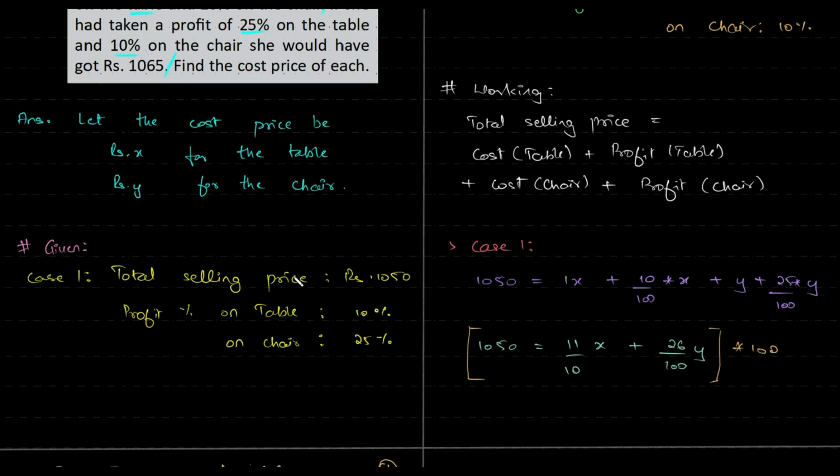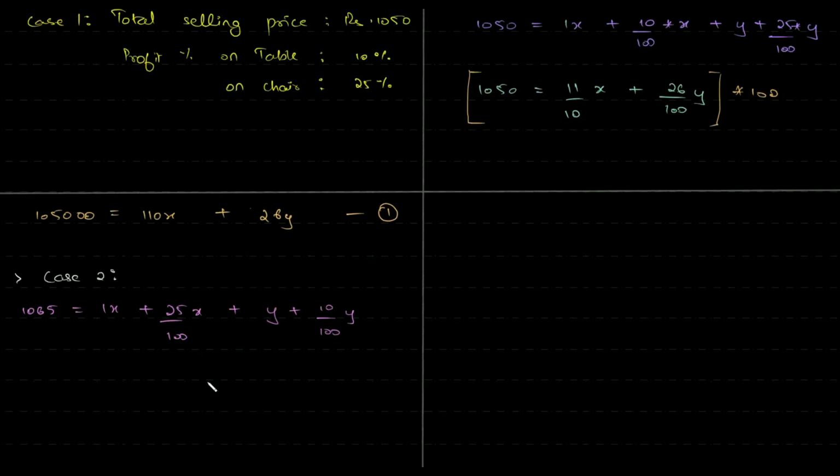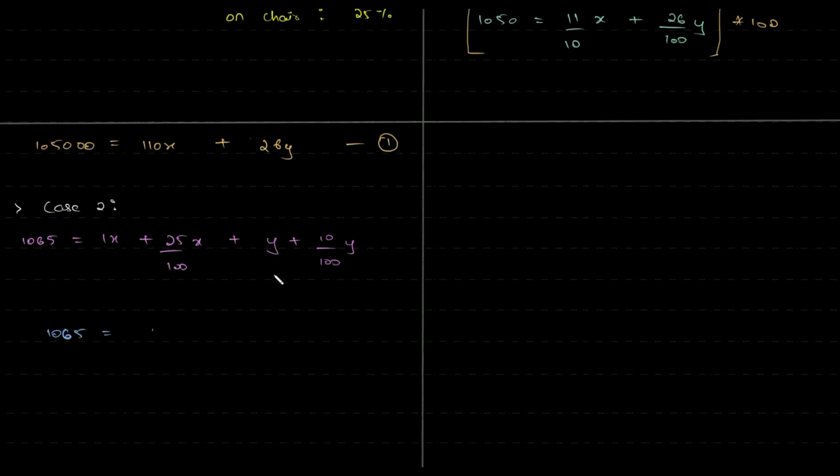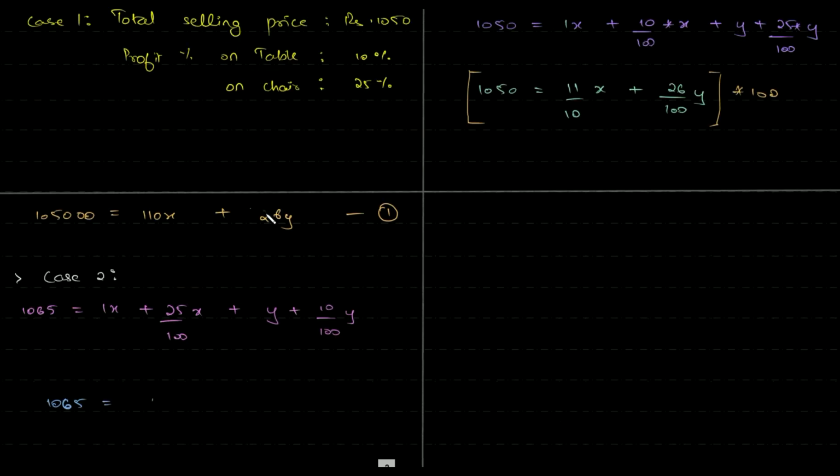Table is x, correct. And again here too, I'll add it up. So we have 1065 is equal to, oh my bad, this is not 26. The LCM here is 100. This is 125.